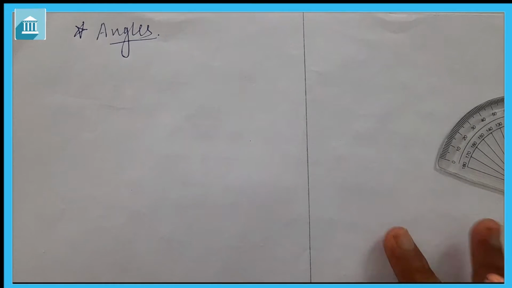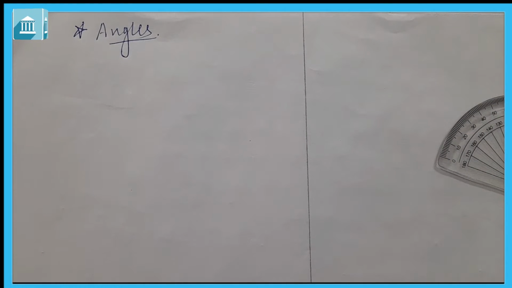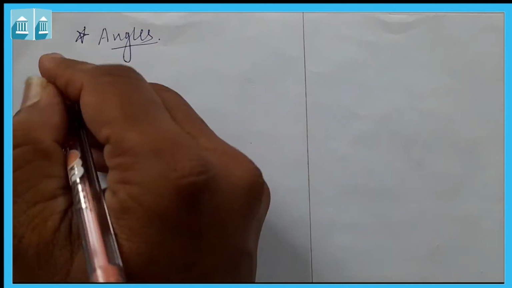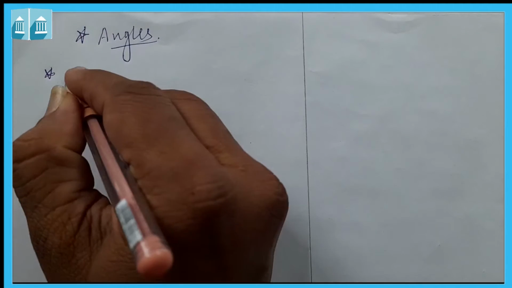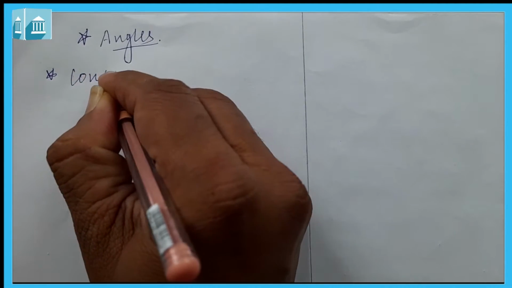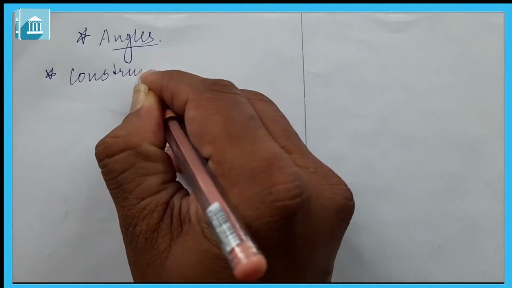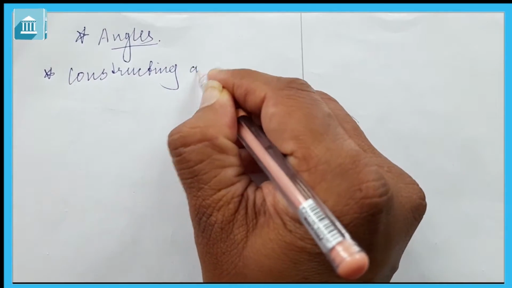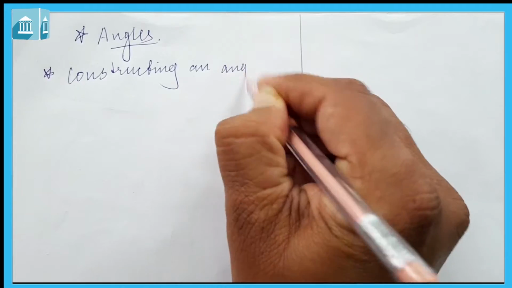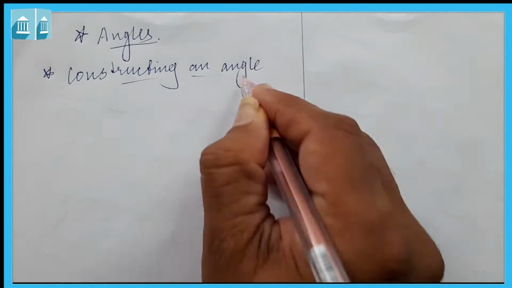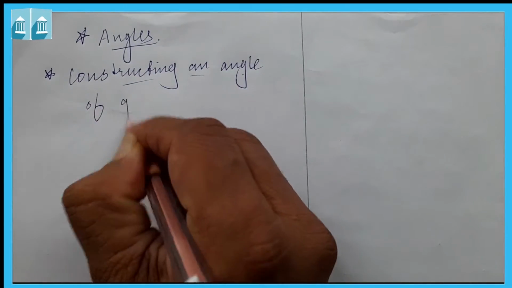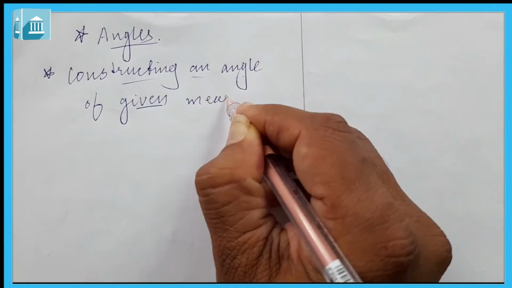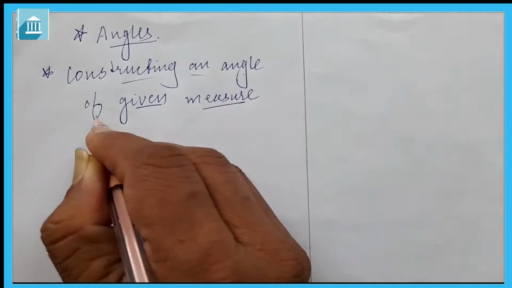Now let us begin with constructing an angle of given measure.